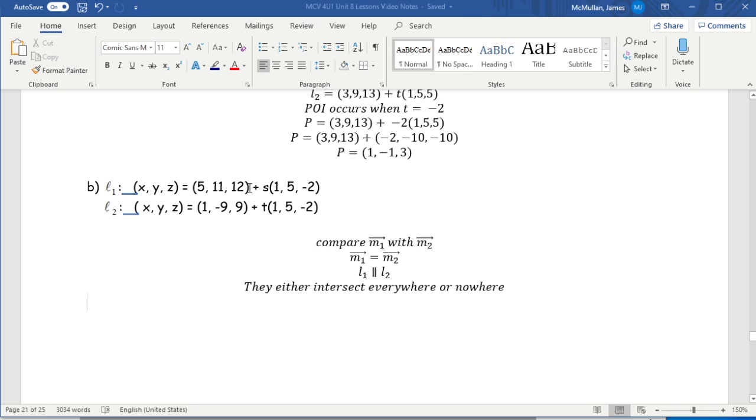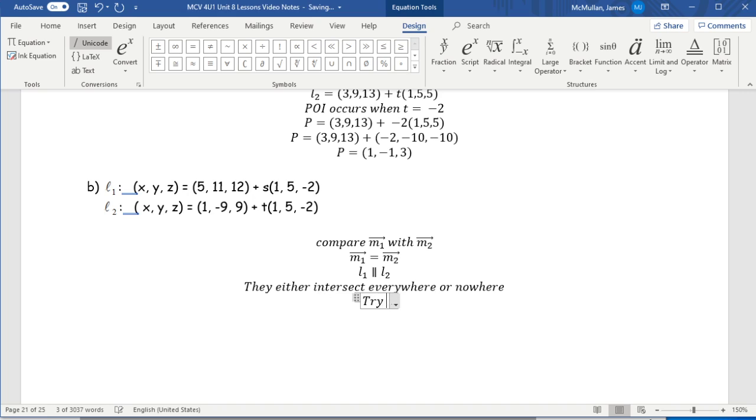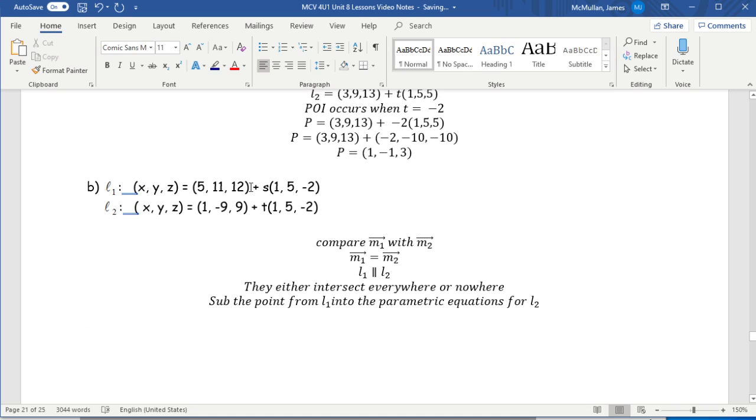So the easiest thing to do here is to take a point on L1 and sub the point into the parametric equations for L2, and that's just the most straightforward way you could do this.